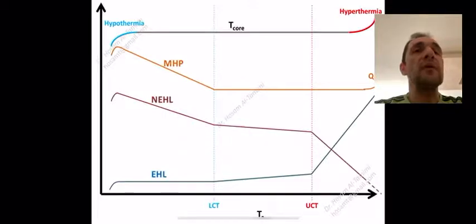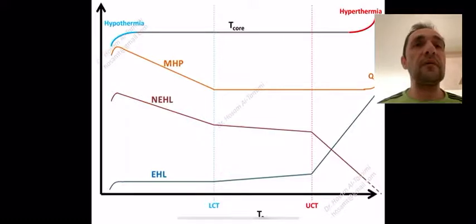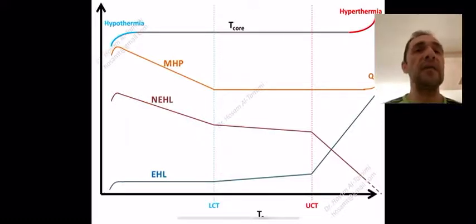So now, if you have a look at the brown colored curve, which signifies the non-evaporative heat loss, it will act almost in an opposite mirror image of the evaporative heat loss. And these heat transfer pathways, the non-evaporative heat loss pathways, include conduction, convection, and radiation. They rely a lot on the thermal gradients.